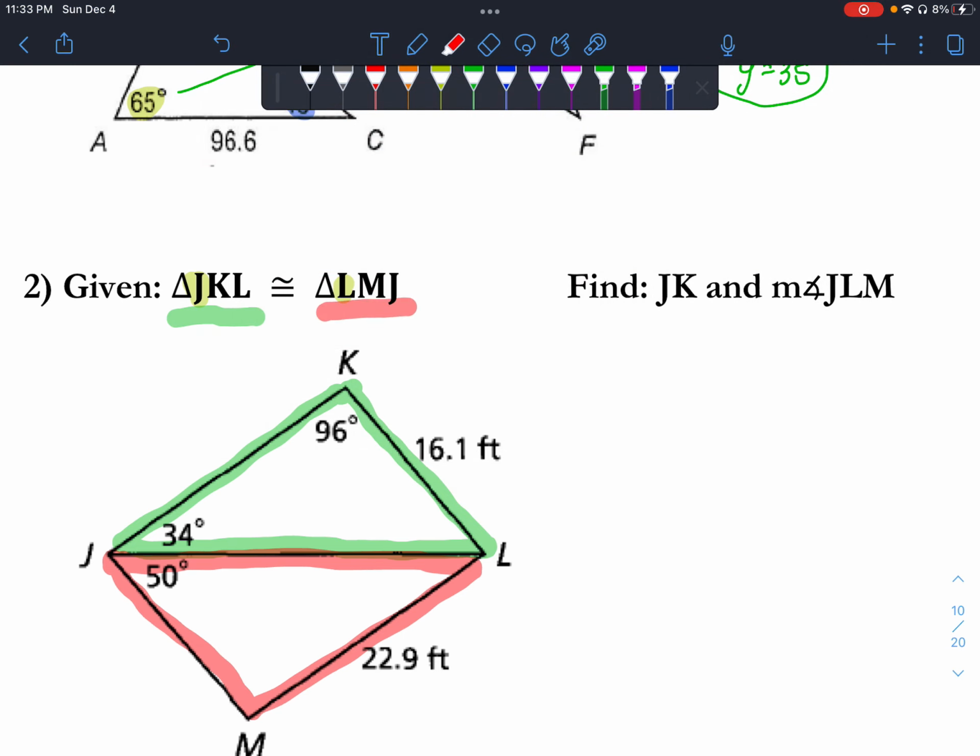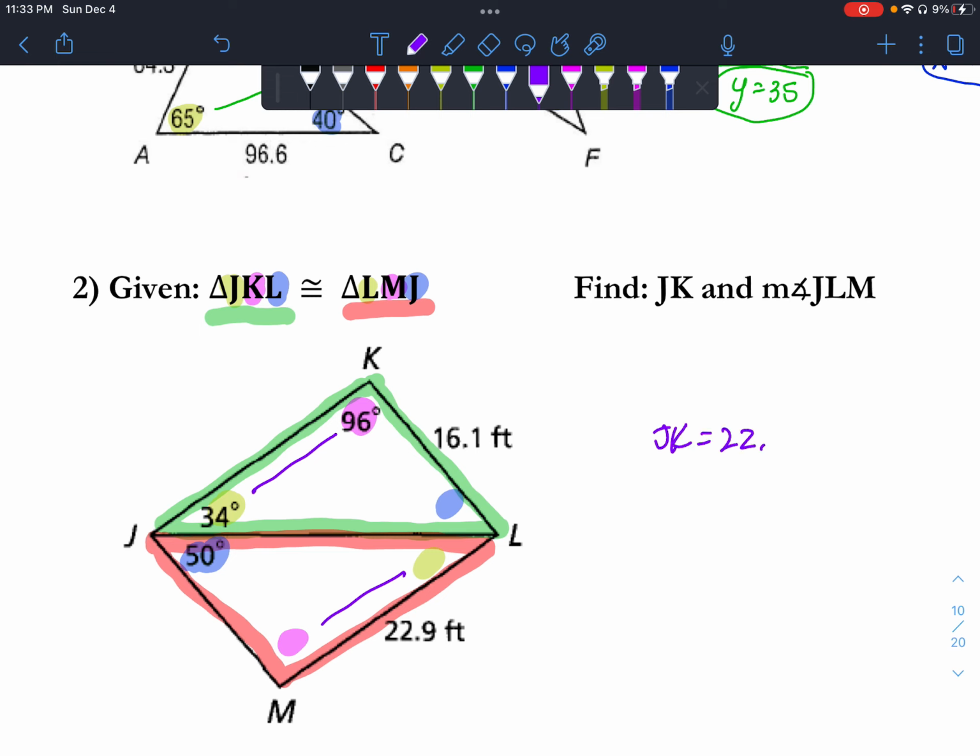So from here, once again, just matching up the pieces that need to be solved. It says solve for JK. So if I connect the yellow and the pink, JK should be 22.9. Oops, solve for, I guess these are congruent triangles, yep. So I just have JK is 22.9. And the last one is angle JLM.